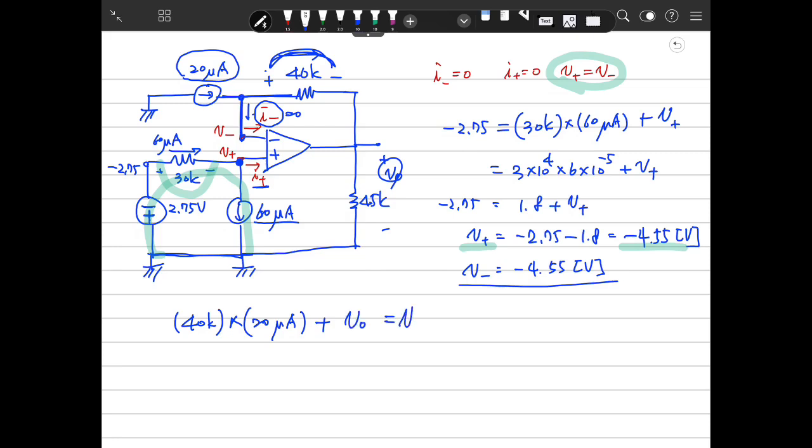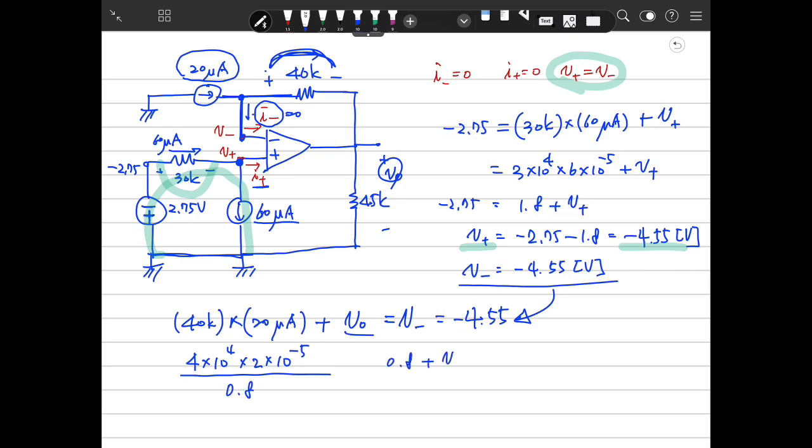There will be this node voltage V minus, that is minus 4.55. So this is 40 kilo times 20 microamps, which is 0.8.